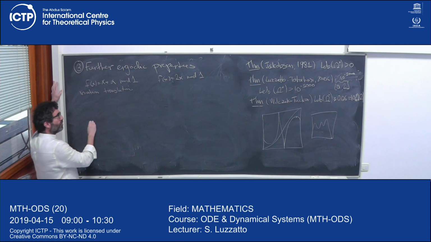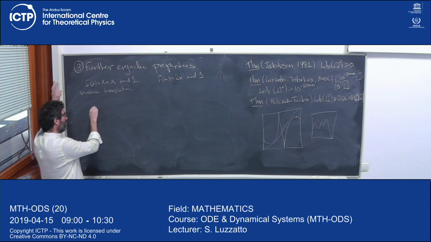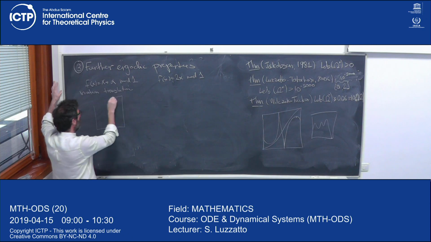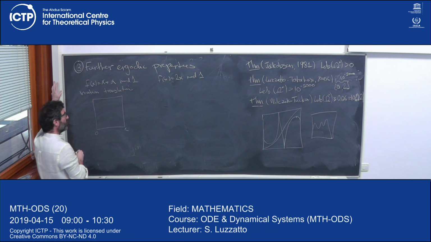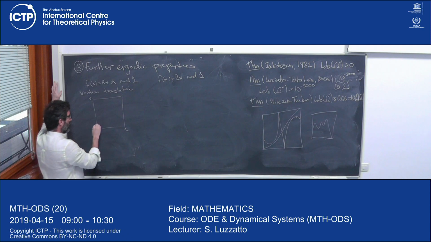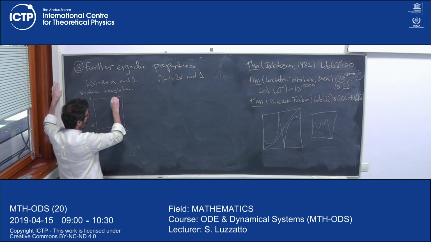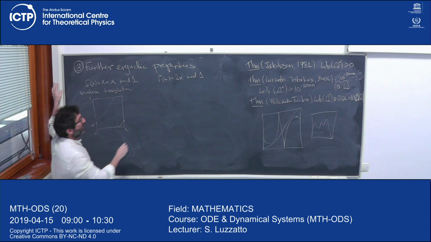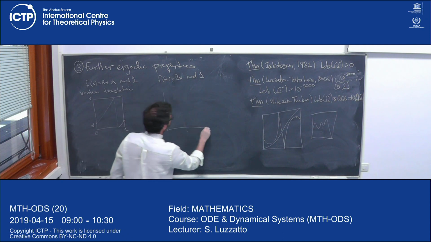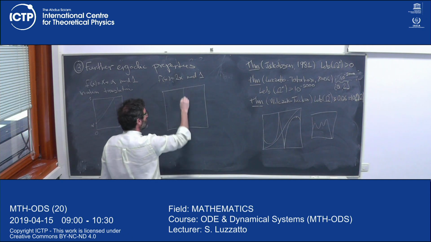We can look at both of them as the graph of a map of the interval. So what does this look like? This is just a translation, which means 0 goes to alpha, and then you have derivative 1 everywhere. So it's like that. And then we have 2x mod 1, which we know very well is like this.